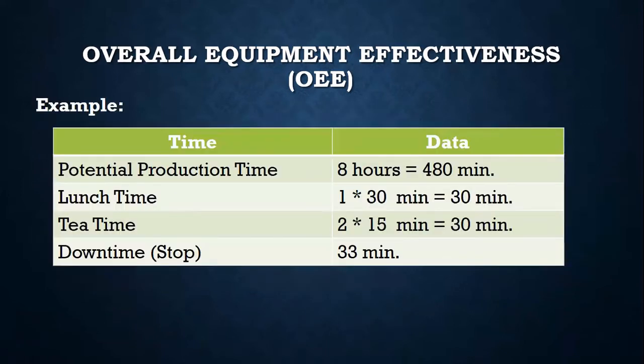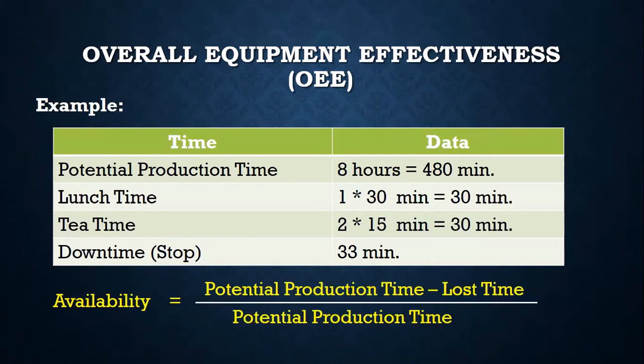This here is time data for calculation of availability on any given day. Out of working 8 hours, which can be treated as potential production time, lunch and tea consume 30 minutes each, and 33 minutes of downtime was also recorded on that day. We know that availability is the ratio of actual time of production to potential production time.